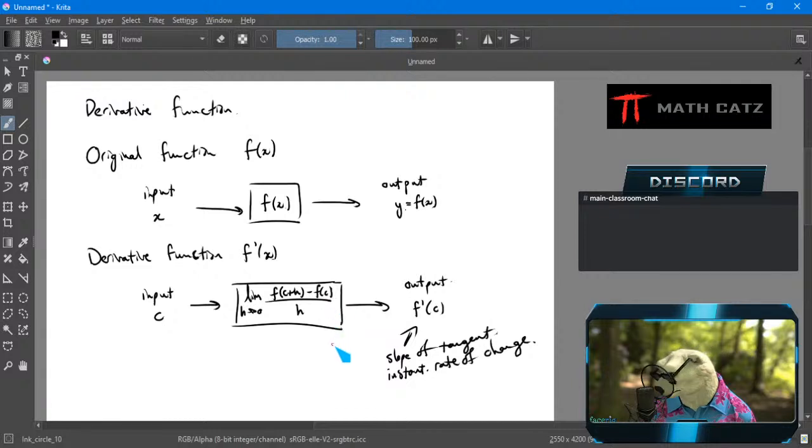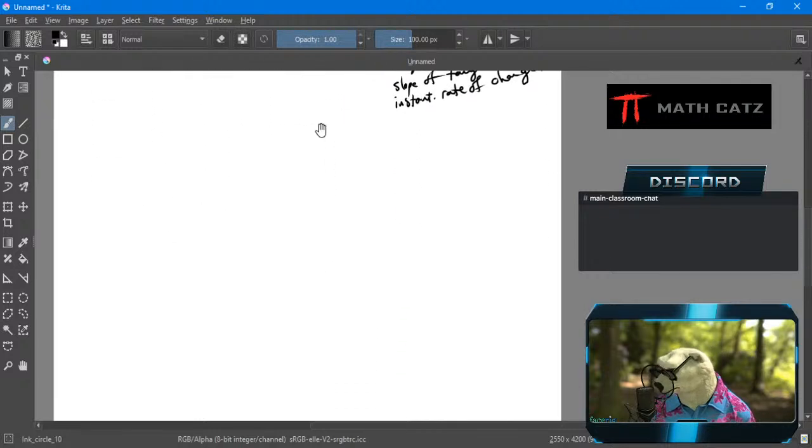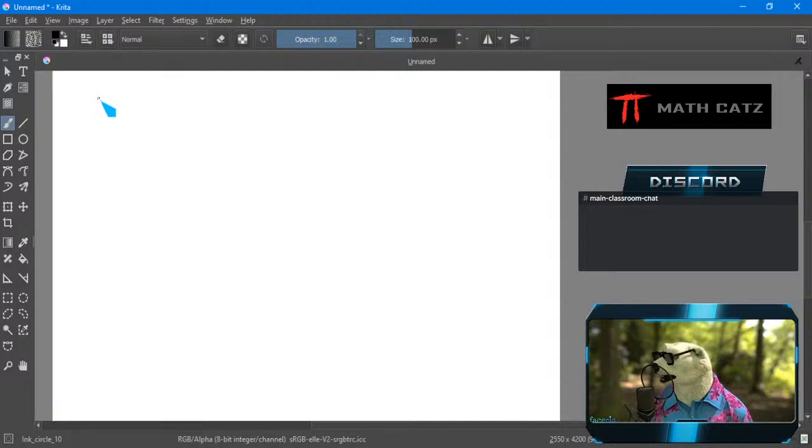So what have we seen so far? Well, we went with our simplest functions, the simplest case.